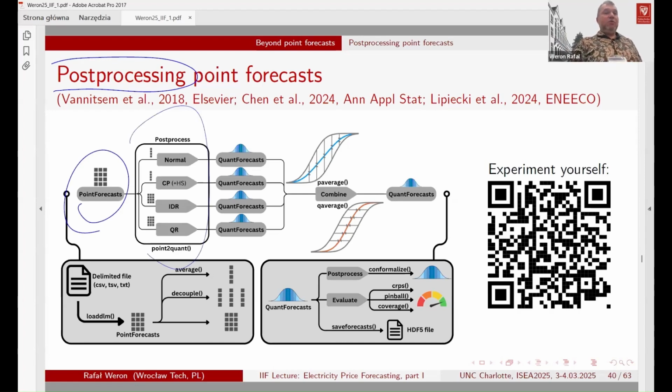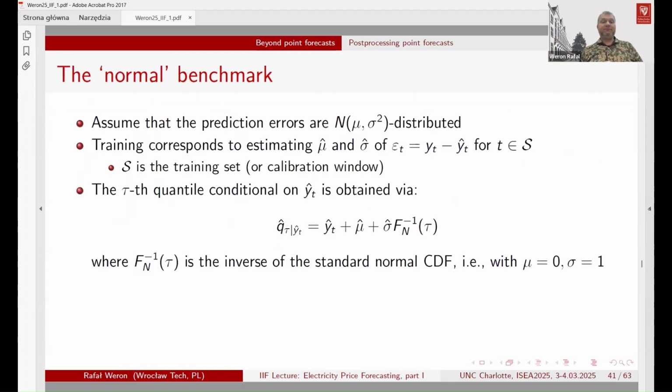We do something to them, we post-process them in some way, and then we have probabilistic or quantile forecasts. The illustration here is from our article. Arek will talk more tomorrow about this package in Julia. Part of it is post-processing point forecasts. Now let's see what the simple ways are to obtain probabilistic forecasts.